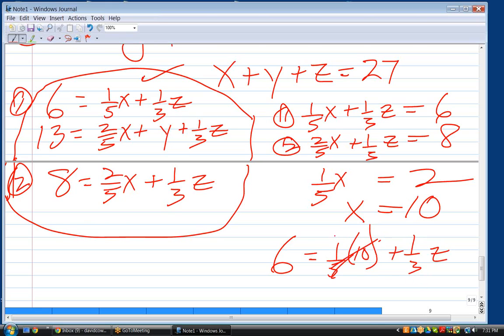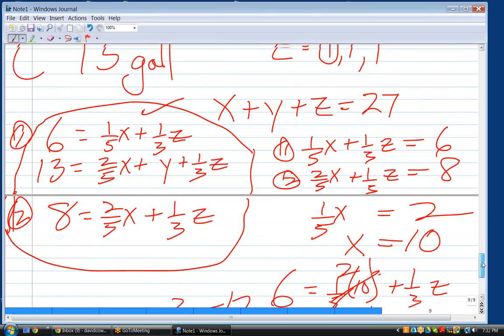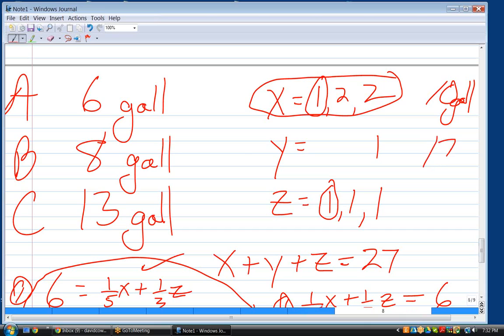Well, that's 2. Take that 2 over the other side. I got 4 equals 1/3 z. Z equals 12. I know they have to total 27 gallons, so y has to be 5.